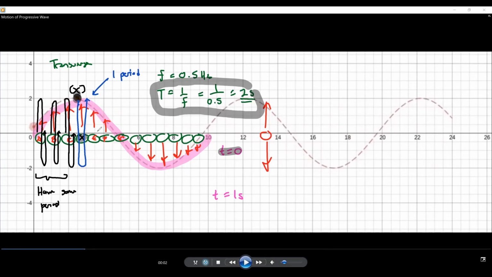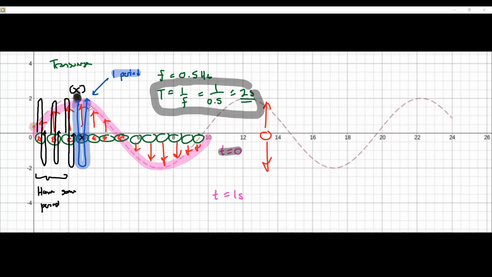But you also notice that this entire motion can actually be separated into 4 sections, right?